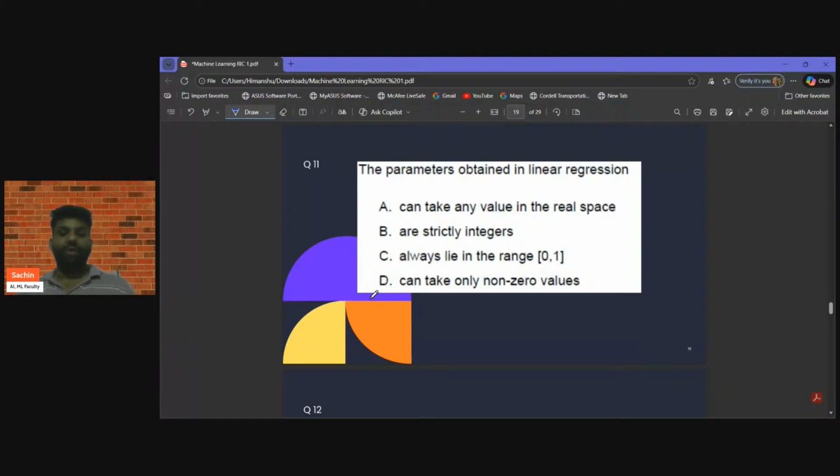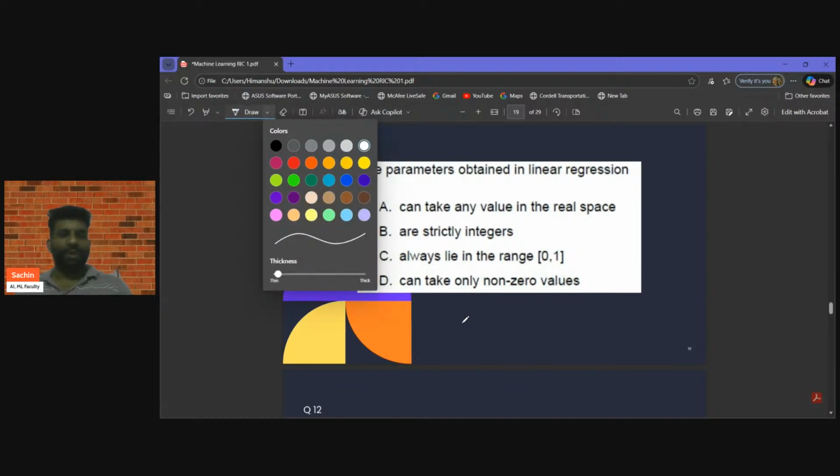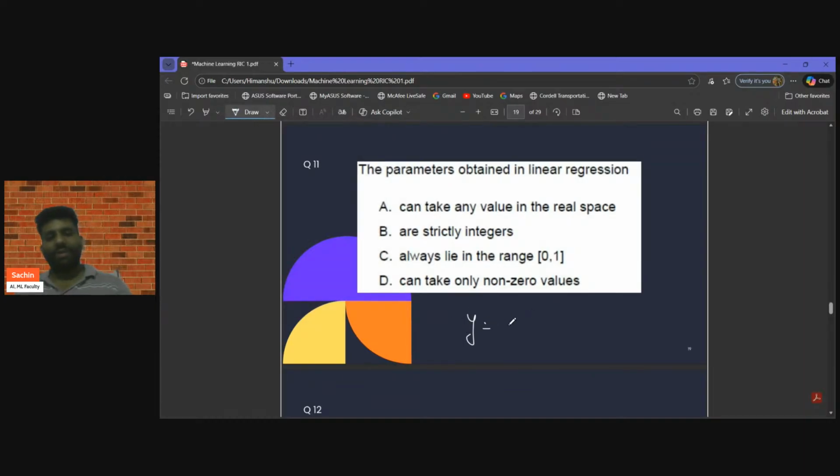Can't it ever take zero value? That is also wrong, because sometimes my bias can be 0. Let me just write it up. Suppose I have theta 0 plus theta 1 x1 plus theta 2 x2, and suppose I knew that x1 and x2 were very closely related to each other.